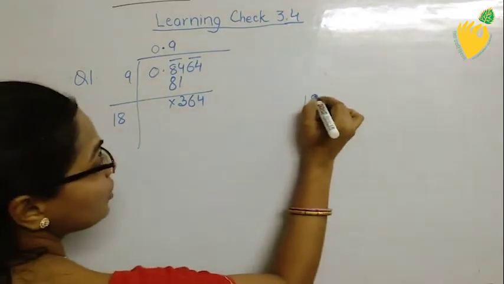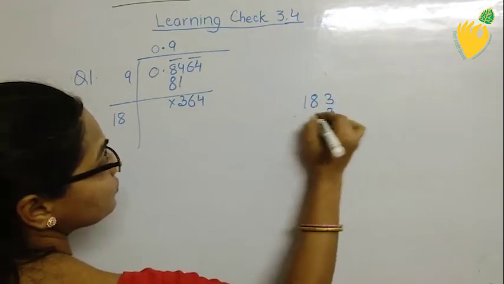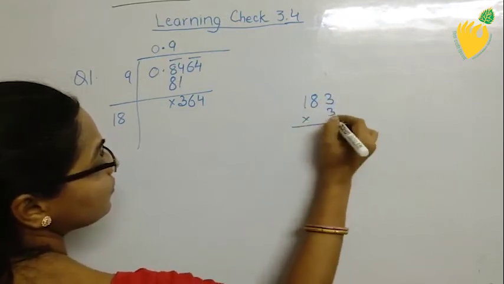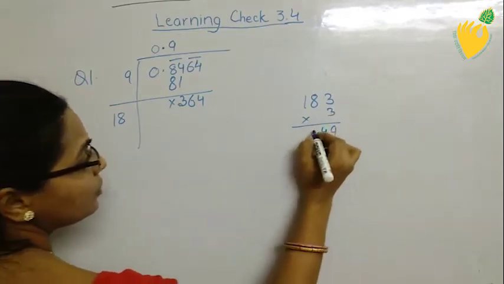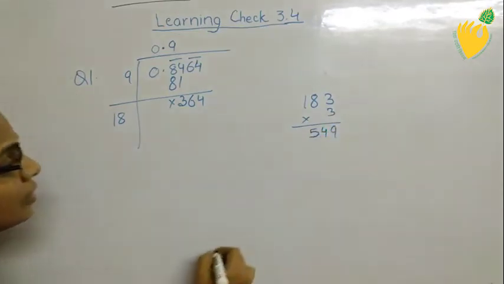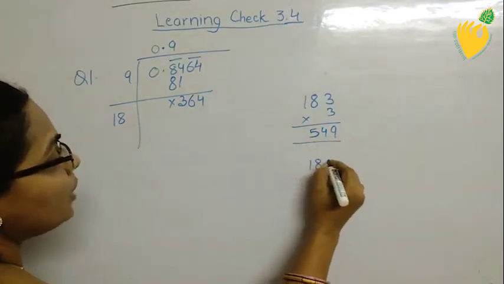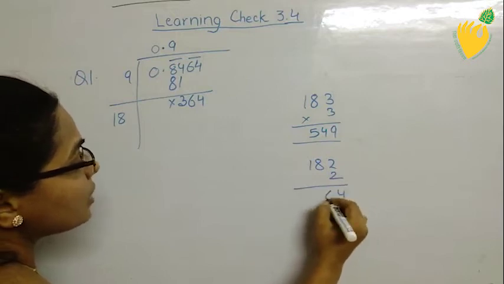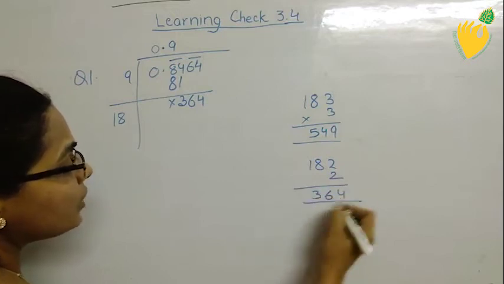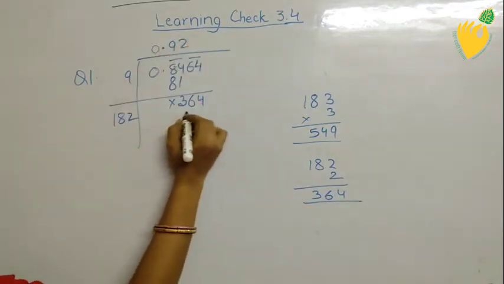Let's see in rough. 3 3 is 9, 3 8 is 24, 5 is 45. It is too much. So 180, 2 2 is 4, 2 8 is 16, and 2 1 is 2, 1 is 3. So it will go 2 times like this.